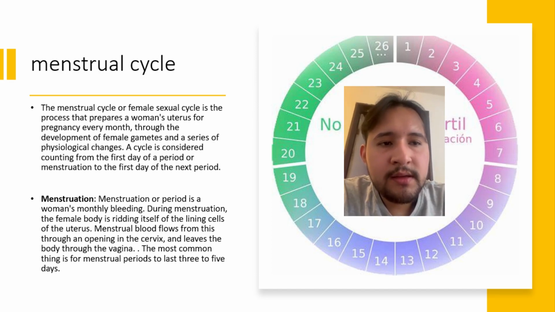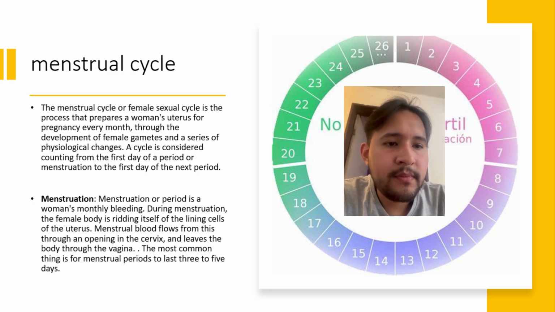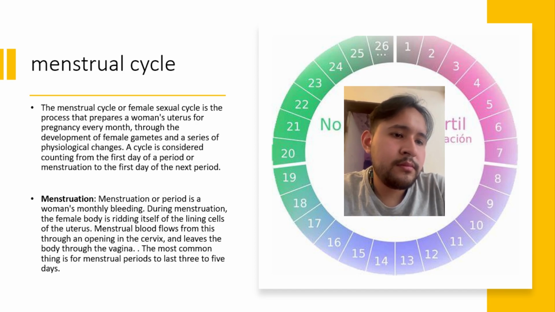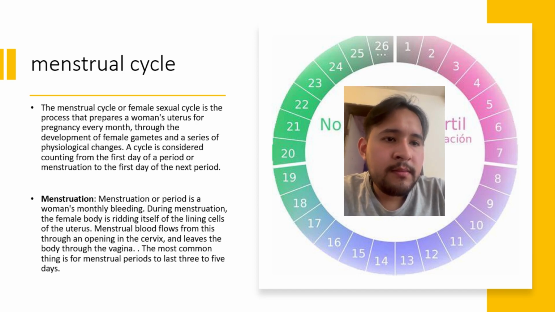Menstruation. Menstruation, or period, is a woman's monthly bleeding. During menstruation, the female body is ridding itself of the lining cells of the uterus.